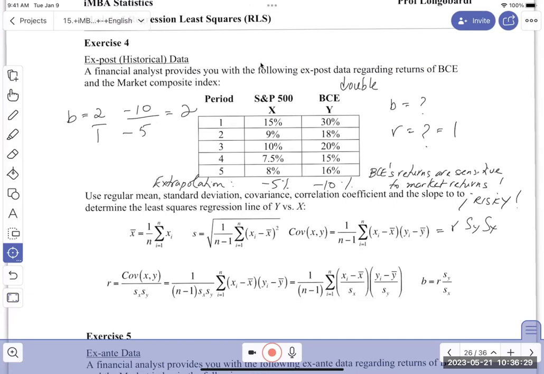Okay. All right, so this kind of data where you have the observations are treated as though they all have equal information. They offer equal amount of information. This is historical data.